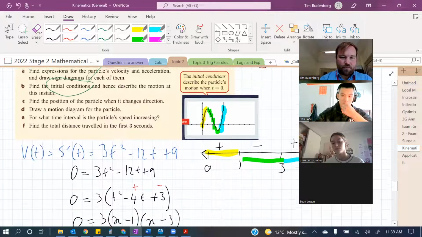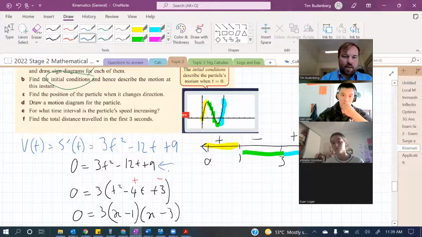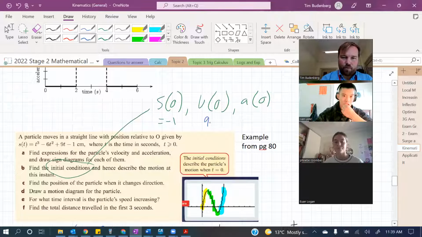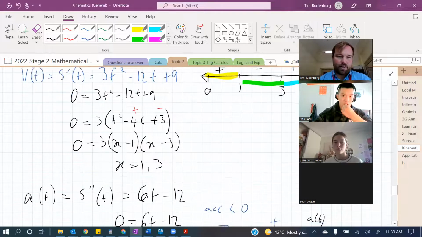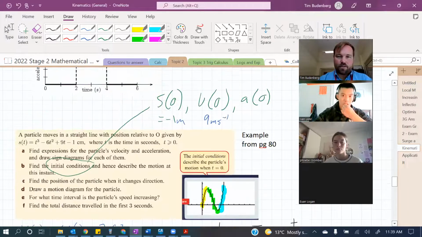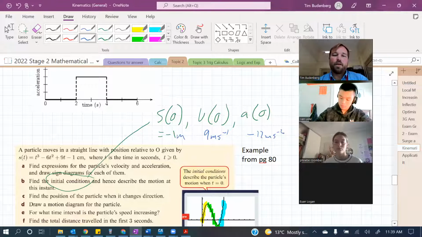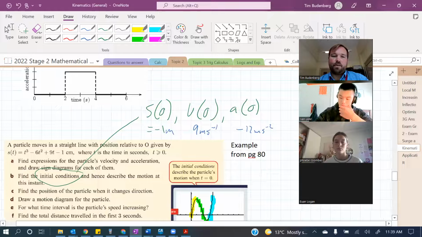V of 0, if you put 0 in there, it is 9 meters per second. And acceleration, if we put in 0, is -12 meters per second squared. So describe the motion at this instant.